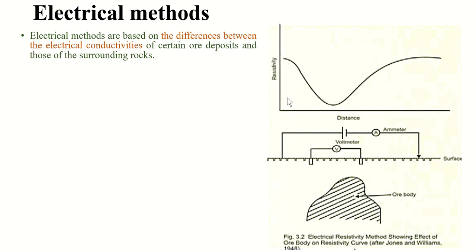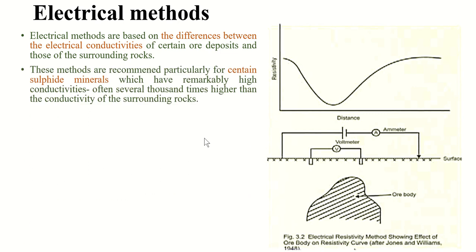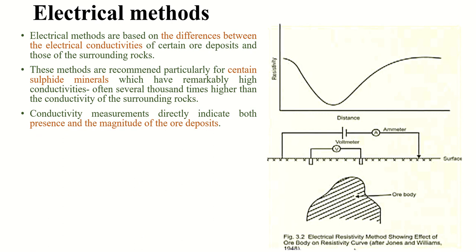So on the basis of the resistivity signal, we can find this ore body. If there is any deflection in the conductivity, we can find some suspected body under the surface of the earth. So conductivity measurement indicates both the presence and magnitude of the body.